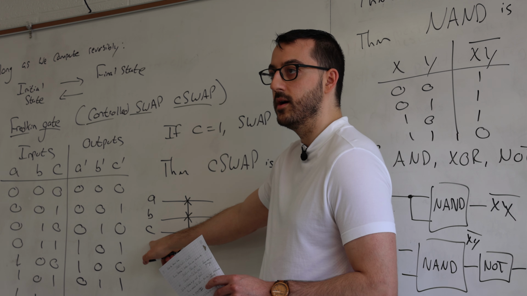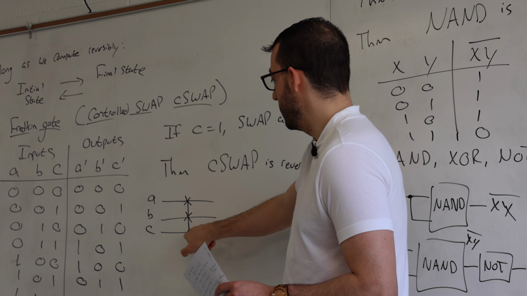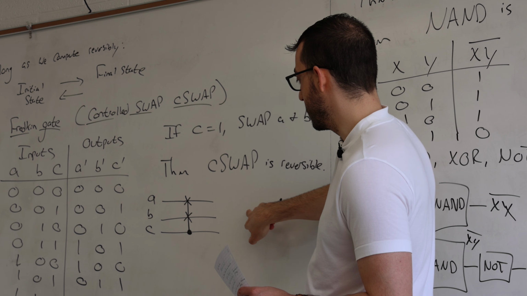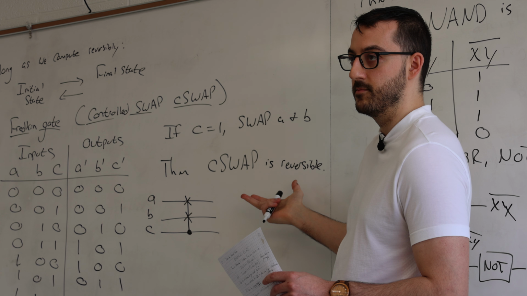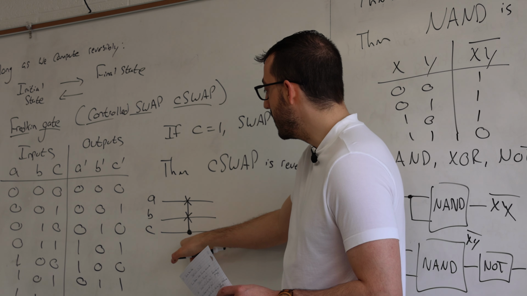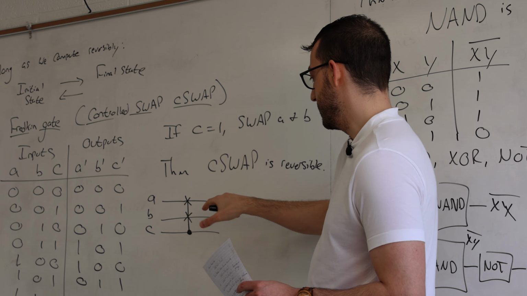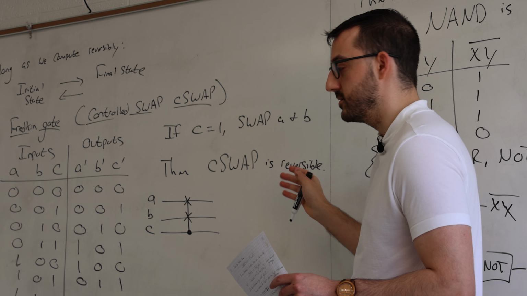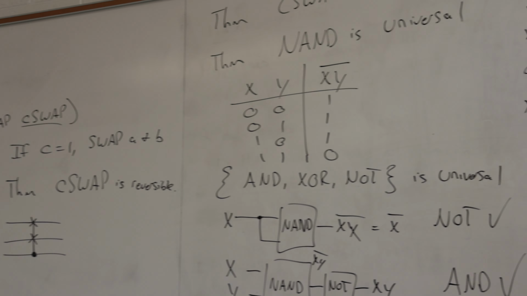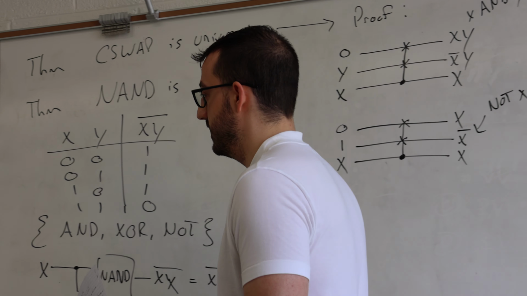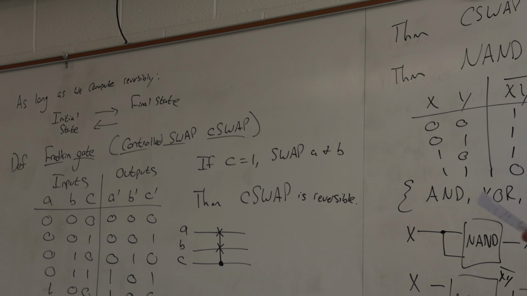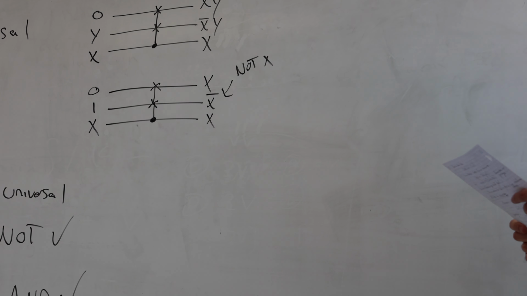If the control bit is 1 and you are swapping, then the first time you'll swap, the second time you do it, you'll swap back. So you get the input. If the control bit is 0, then you'll never swap. And so doing 2 of them will do nothing and you'll still have the inputs. Okay? So this is actually a self-inverse gate. Doing 2 of them will be the same as doing the identity operation.